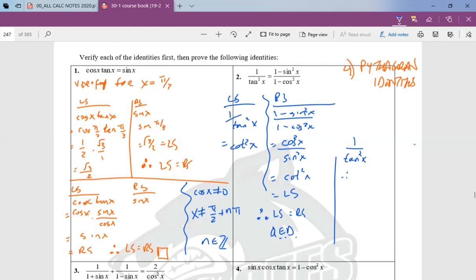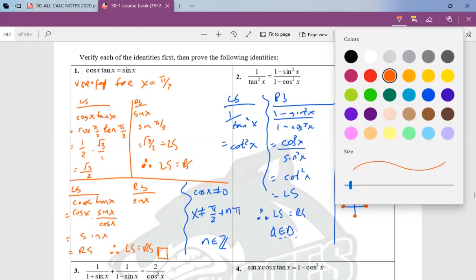It also has to be defined, so cos squared can't equal 0. Sine squared x cannot equal 0. Cos squared x cannot equal 0. So therefore, that's going to be all 4 of these. All 4 of those.